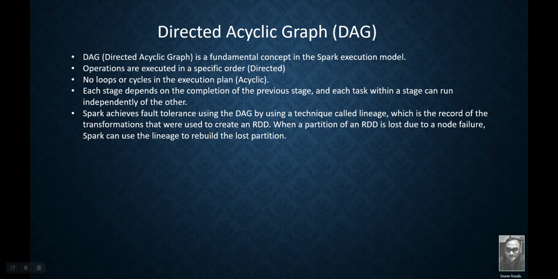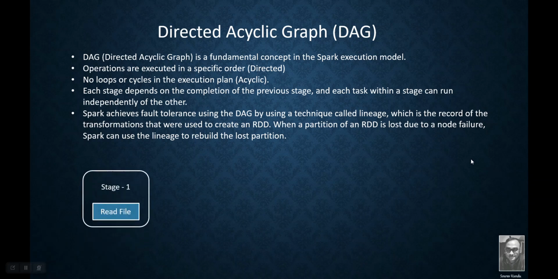Spark achieves fault tolerance using the DAG by using a technique called lineage, which is the record of the transformations that were used to create an RDD. When a partition of an RDD is lost due to a node failure, Spark can use the lineage to rebuild the lost partition.